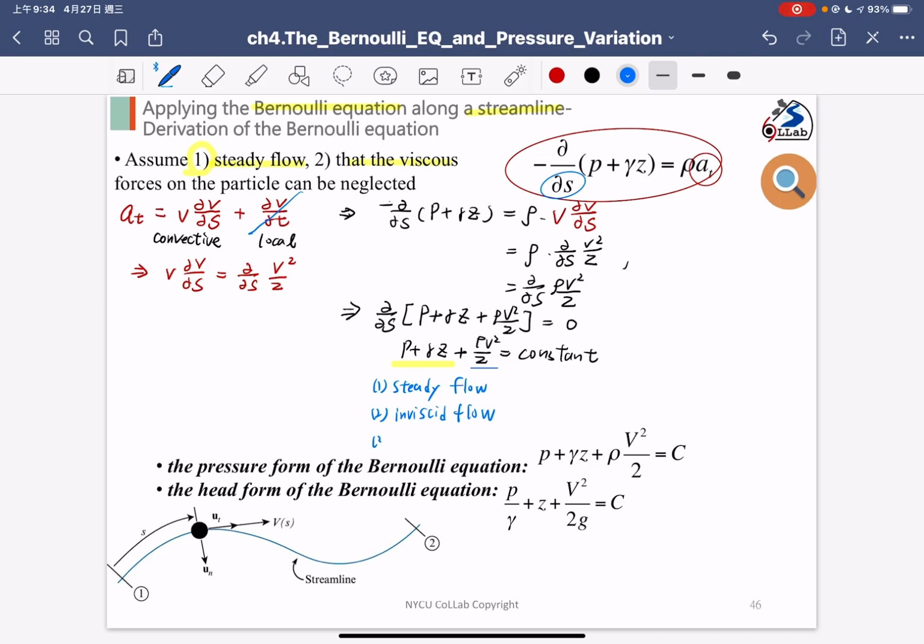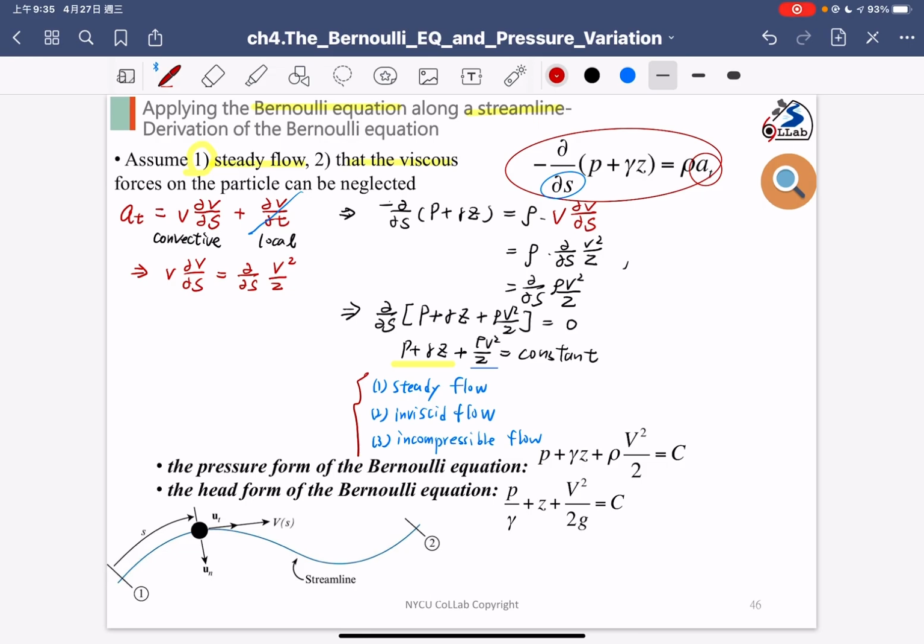And the Euler's equation also tells us one more important assumption: incompressible flow. So it is steady flow, incompressible flow, and inviscid flow. Okay, so the Bernoulli equation needs to satisfy three assumptions: steady flow, inviscid flow, and incompressible flow.